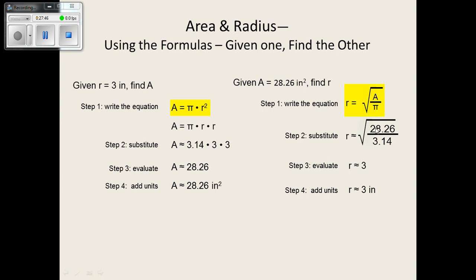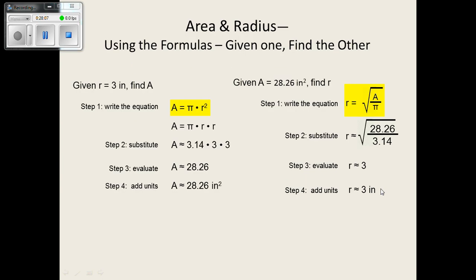And when I divide 28.26 by 3.14, I get 9. And then I can use the square root key on my calculator to find out that the square root of 9 is 3. And then I'll add my units. So the radius is approximately 3 inches.